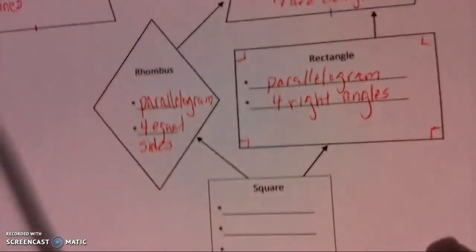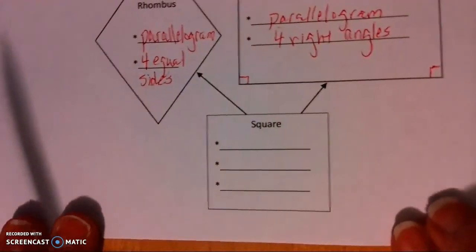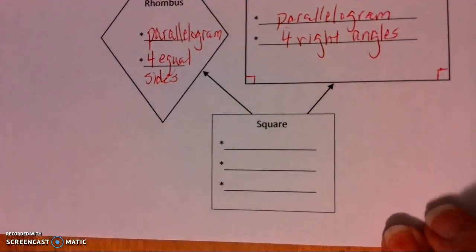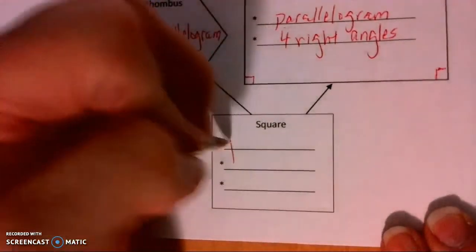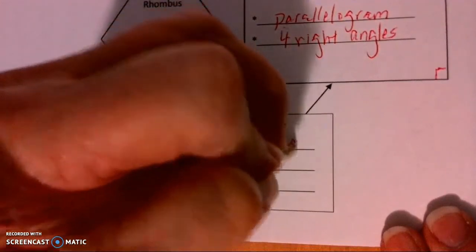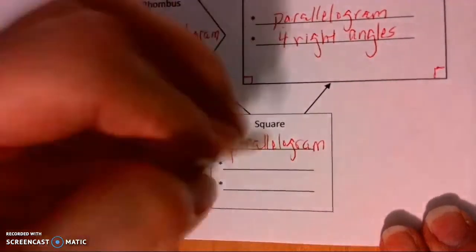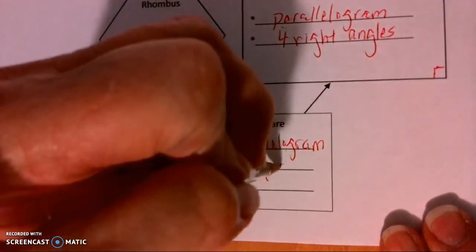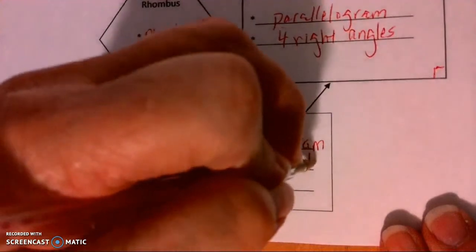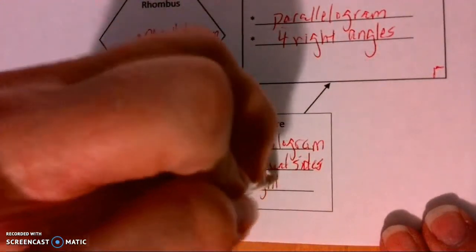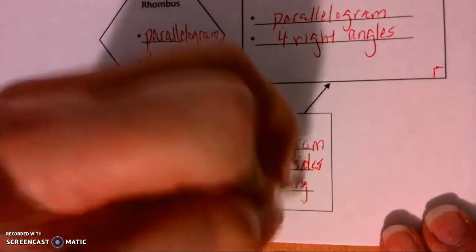And then my last shape is my square. And my square kind of takes all of the characteristics of the rhombus and the rectangle. So again, a square is a parallelogram. It has 4 equal sides, and it has 4 right angles.